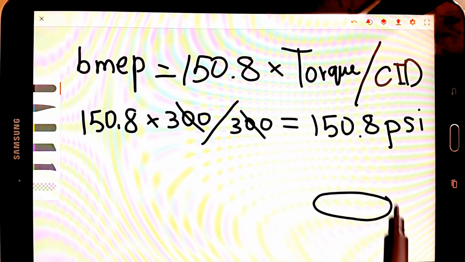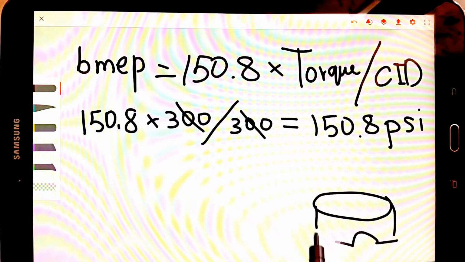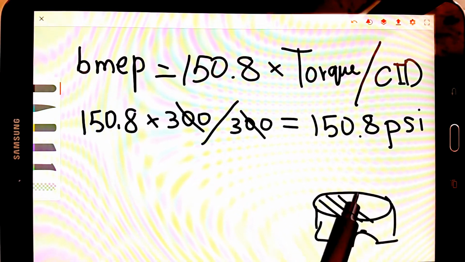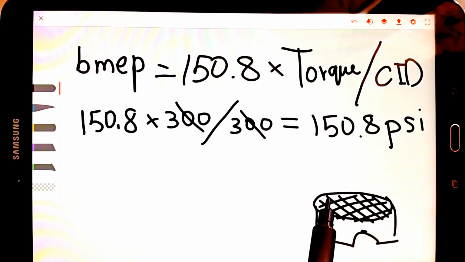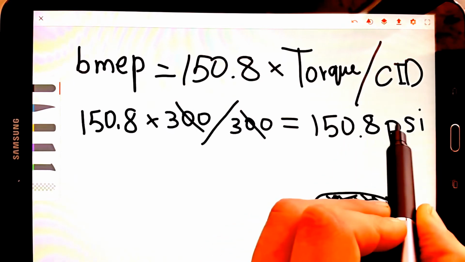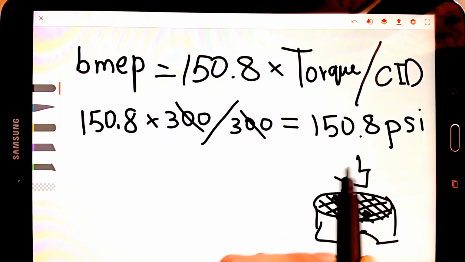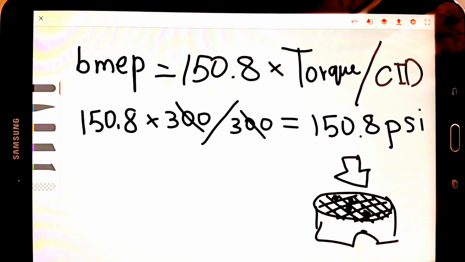Right here, even though they are not square but circles, the piston area could be calculated in square inches, and each one of those would be a square inch of area. And we're going to get 150 here, 150 here, 150 here, 150 pounds per square inch for each one.